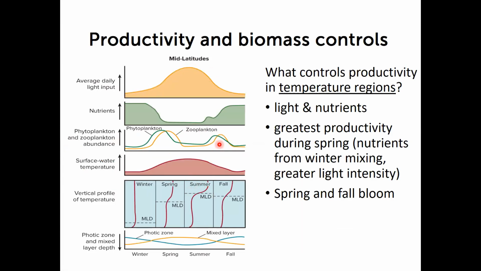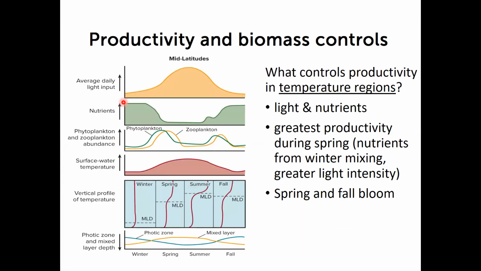And then we get a second bloom, this fall bloom, as we move from late summer into fall. So even though sunlight intensity is starting to decrease, the mixed layer depth is now getting deeper again. So we're starting to mix up some regenerated nutrients from deep below. So we get this second fall bloom, not as large as the spring bloom.